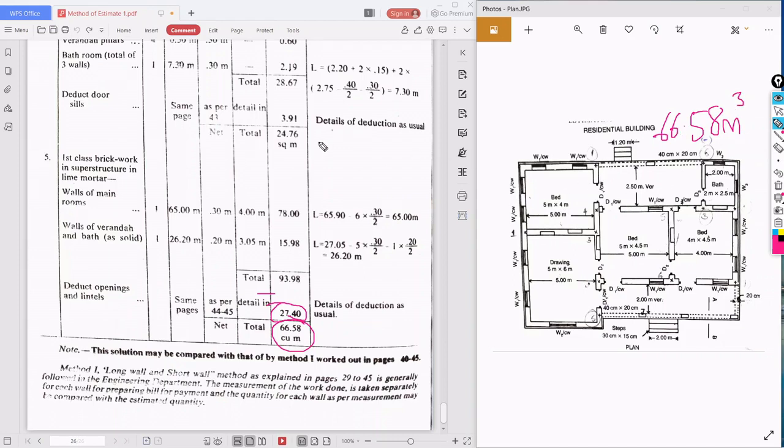Next, your DPC is 24.76 in meter square unit.